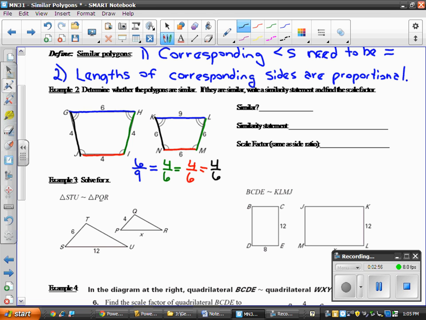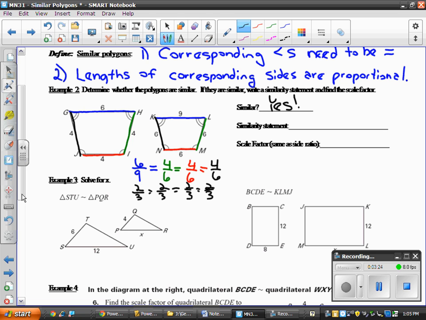If these ratios are all equal, and I'm going to reduce them, 6/9 is going to be 2/3. We have 4/6, which is 2/3, 2/3, 2/3. That means that their side ratios are the same and that they are proportional. So similarity, oh yeah, for sure, because we have both congruent corresponding angles and the lengths of our sides are proportional.